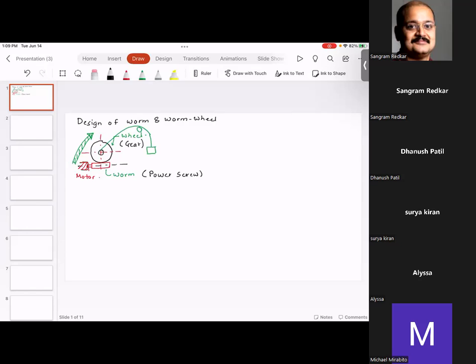The disadvantage of the worm wheel is that efficiency is low. Typically the efficiency is low, and because of that you have heat generation.